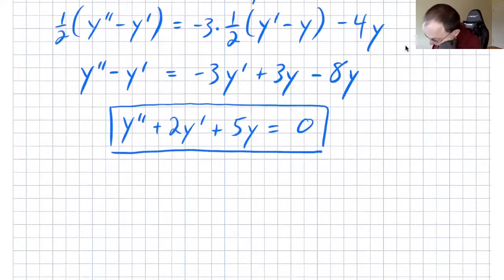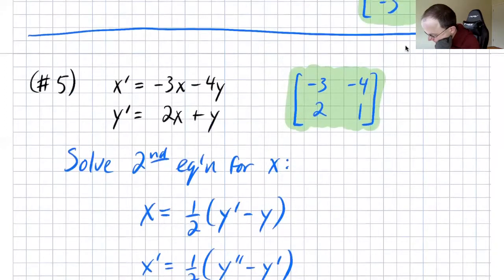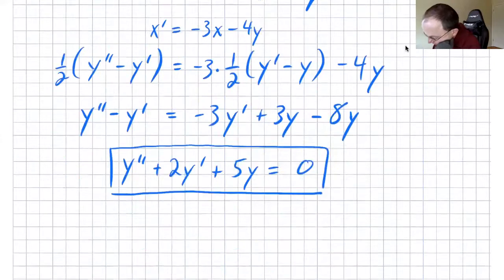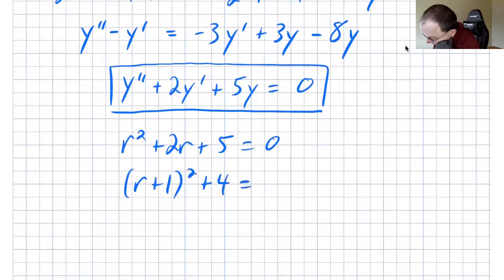So let's solve this. In this case, we actually don't have initial conditions, so we're just looking for the general solution. I want the characteristic equation. So r squared plus 2r plus 5 is equal to 0. I'm going to complete the square here. So I get r plus 1 squared plus 4 equals 0.